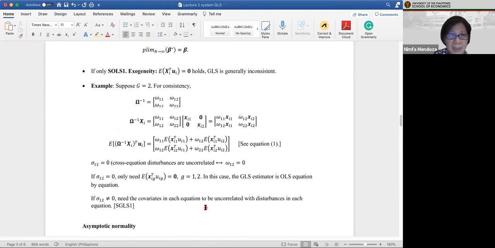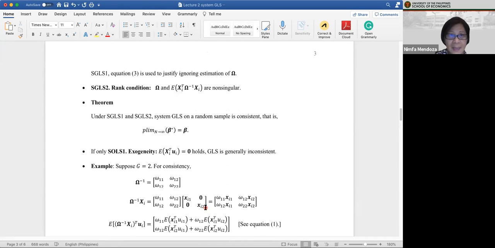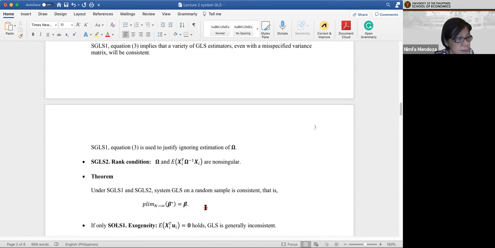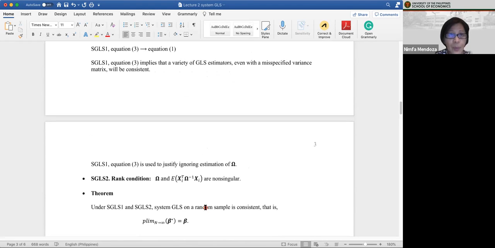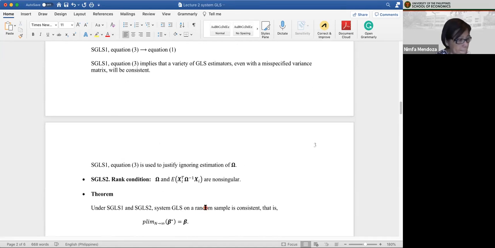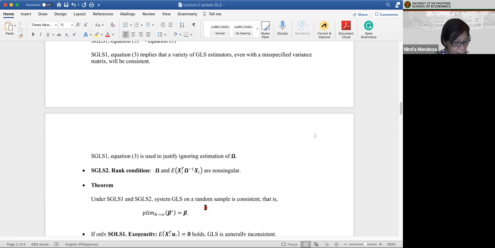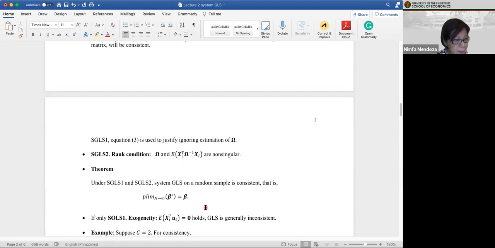Then let's work on the asymptotic normality. So far what we have done is lay out the assumptions for system GLS, obtain the system GLS estimator, and look at the result that it is consistent under the two assumptions for system GLS.